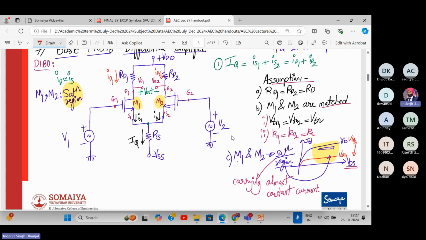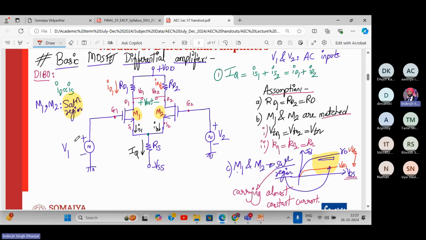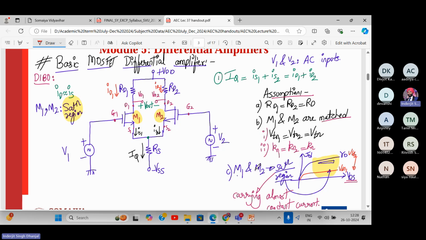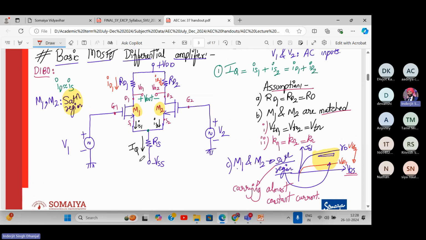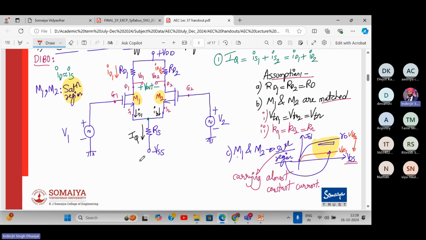So far, you're applying two differential input signals, dual inputs, and we are taking the balanced output terminals, drain 1 and drain 2. The currents ID1 and ID2 flow. M1 and M2 have to be in the saturation region, carrying almost constant currents. Here we also assume that transistors M1 and M2 are matched and biased in the saturation region. This is one of the assumptions.